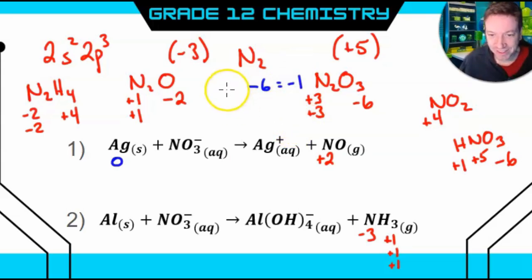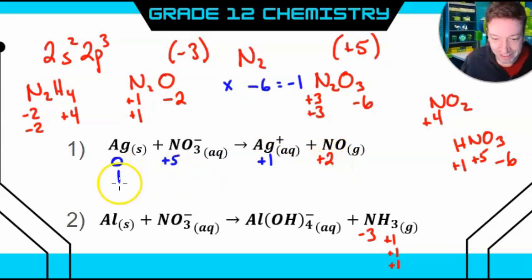So we have to ask ourselves, what subtract 6 gives us -1? And the answer is going to be 5. So this nitrogen has a charge of +5. Over here we have silver ion with the charge of +1. And then we also looked at this nitrogen here.